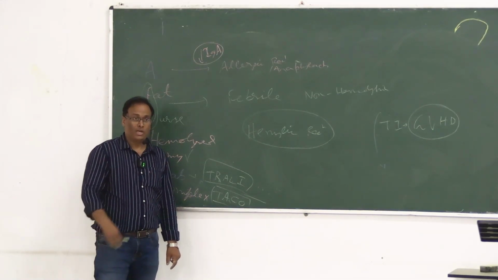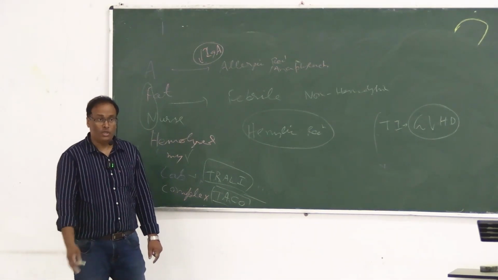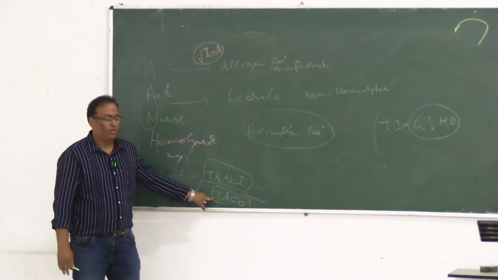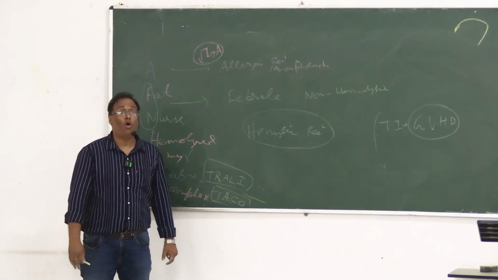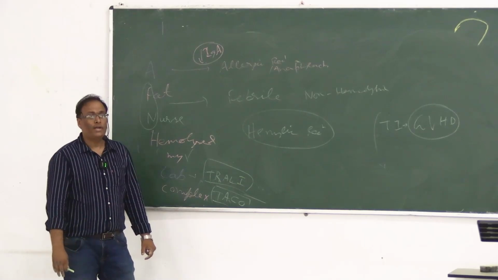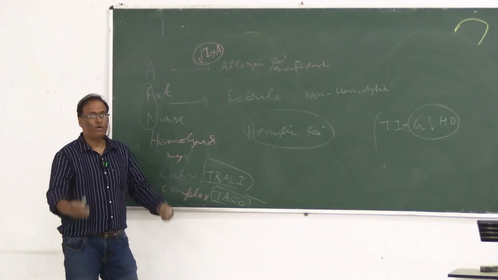TRALI means transfusion related acute lung injury and TACO means transfusion associated circulatory overload. Circulation is overload হয়ে গেছে.